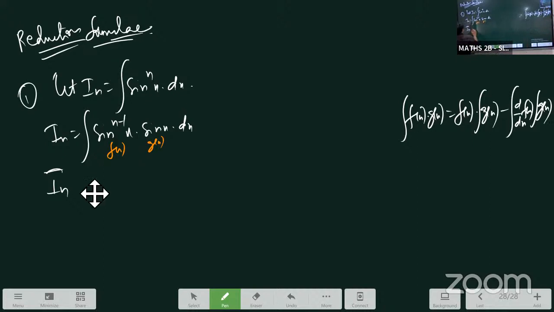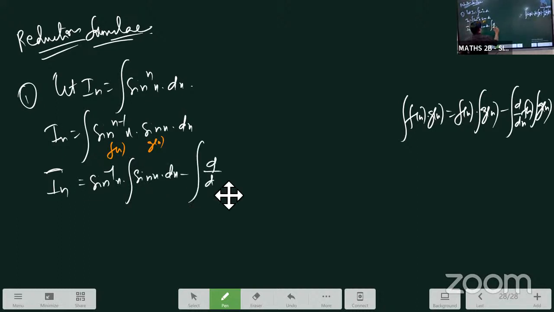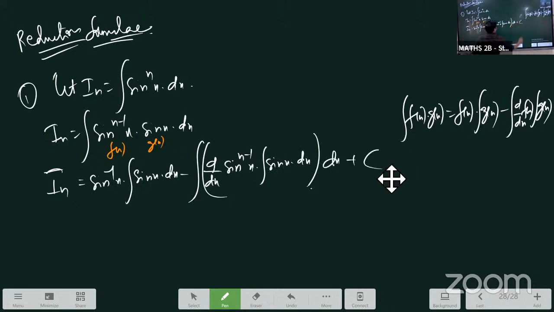So that is nothing but sine power n minus 1 x into integration of sine x dx minus integration of d by dx of sine power n minus 1 x into integration of g of x, this whole dx. Follow the formula. Already we started doing integration, you put 1 plus c, no problem.